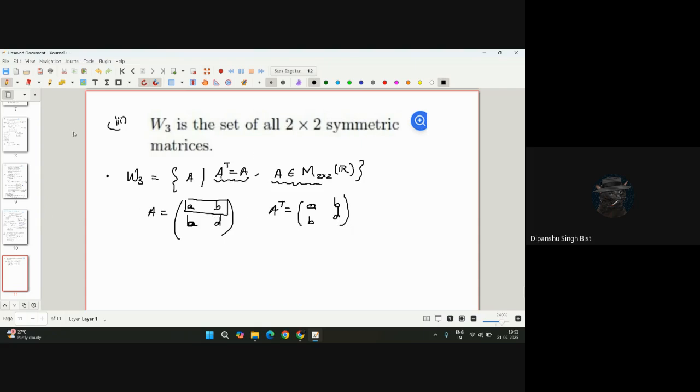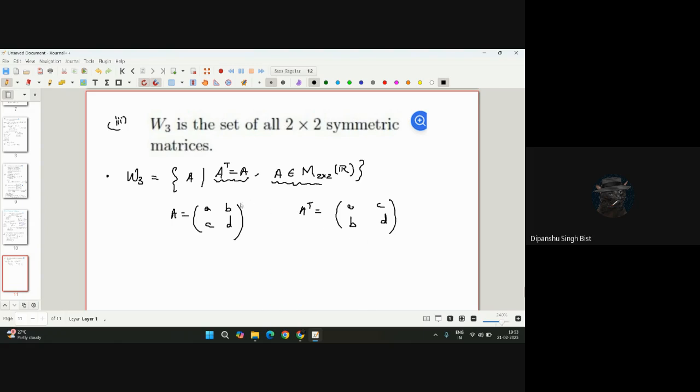This is one way, and if you find it confusing, I'll tell you the second way of doing it. You take any arbitrary matrix A, B, C, D, and then find A transpose, which would be A, B, then C here, D here.